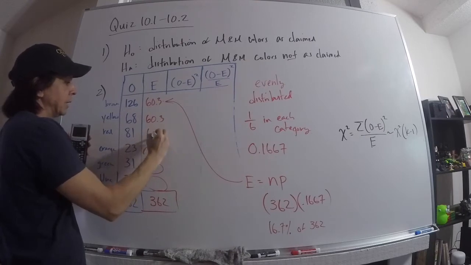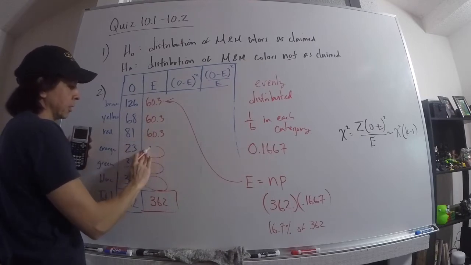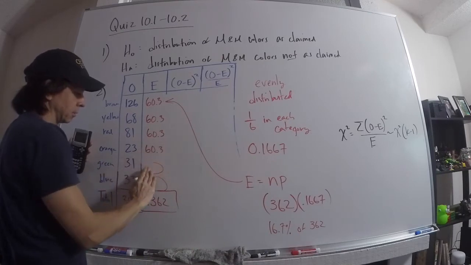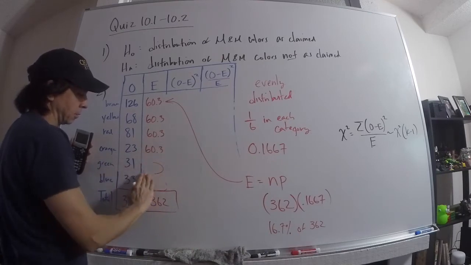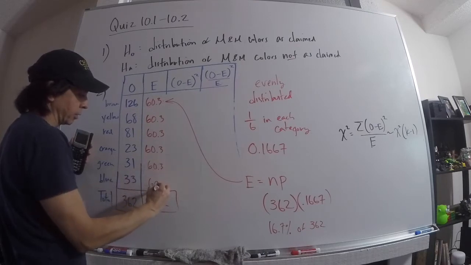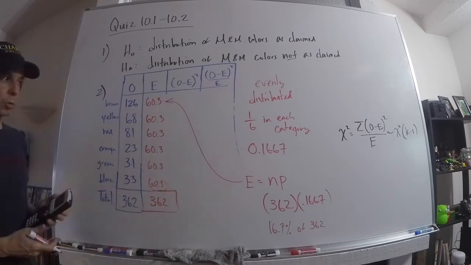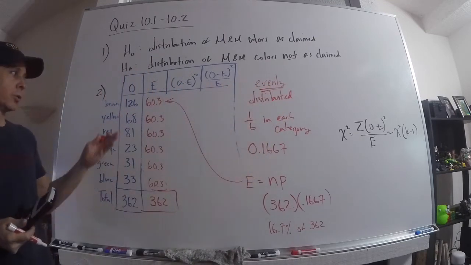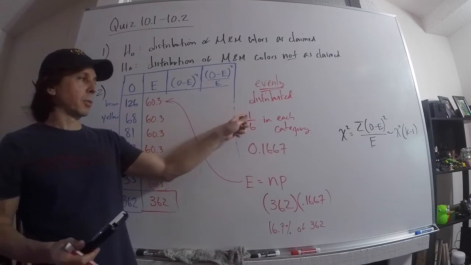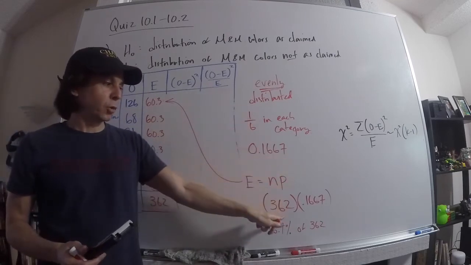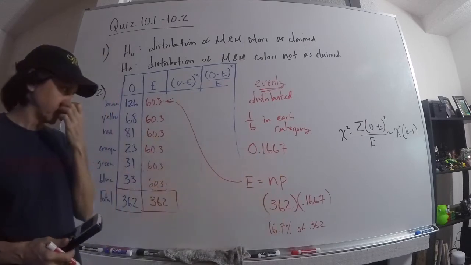If they were evenly distributed, we would expect equal numbers of each. And we had to figure that all on our own with just the term evenly distributed. They didn't give us any percentages at all. We need to know there are 6 categories, know that the proportion in each category is 1 out of 6, figure out what that is in decimal form, and use that times 362.